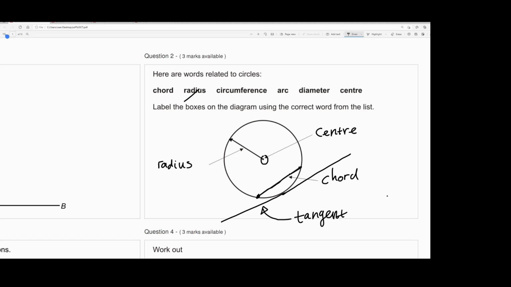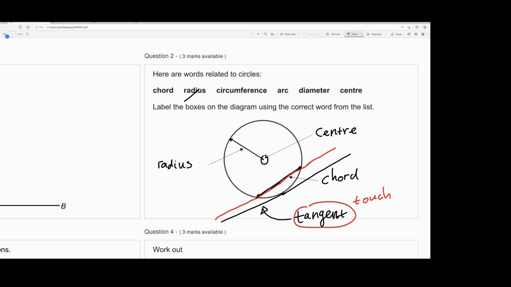It's not actually the secant line. The secant, that's a good term actually, is like a chord, but it just carries on. So a secant line would be the same as the chord, but it would just carry on through the circle. So it's actually the tangent. Okay, the tangent touches the circle in one place, right? T for tangent, T for touch.